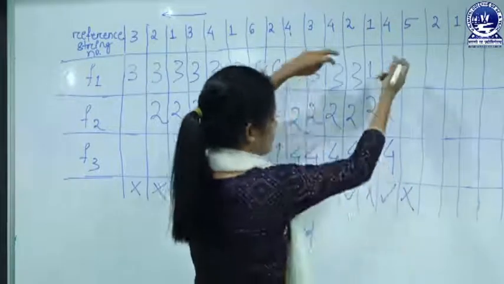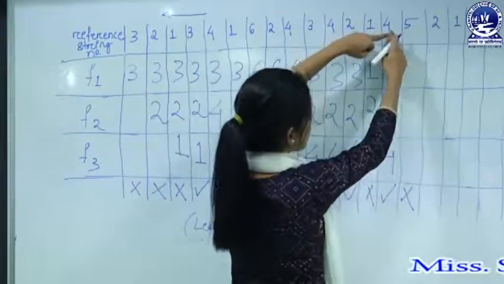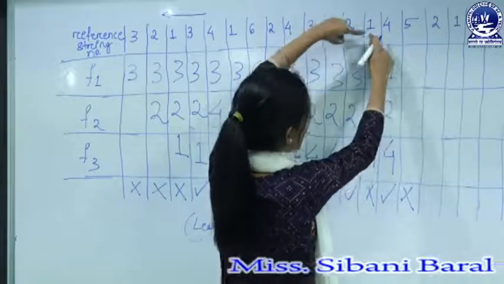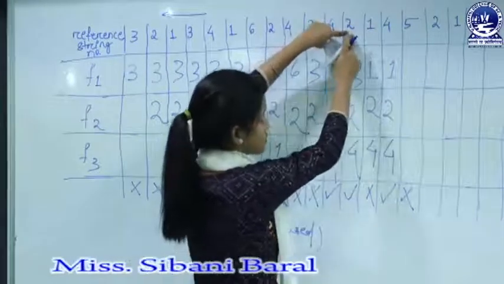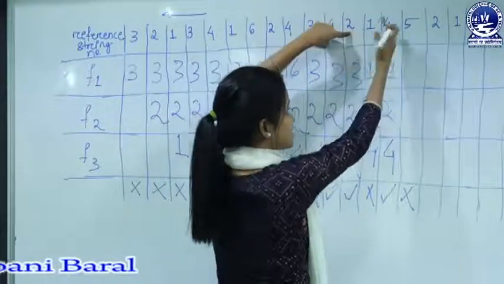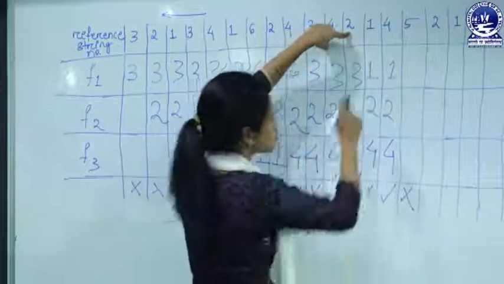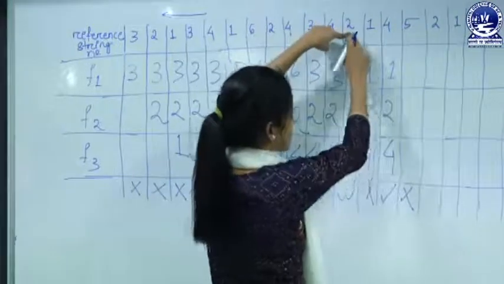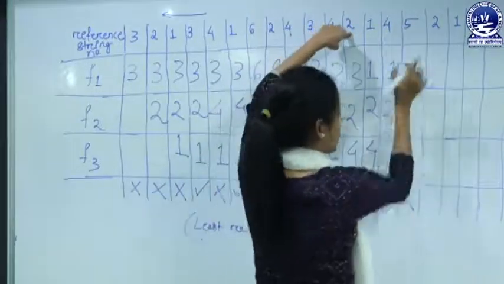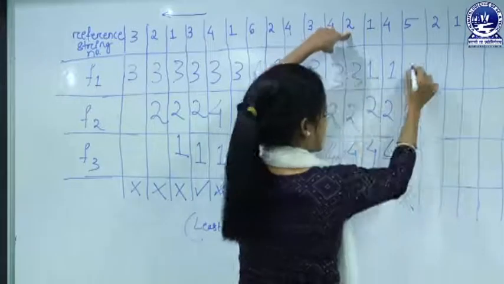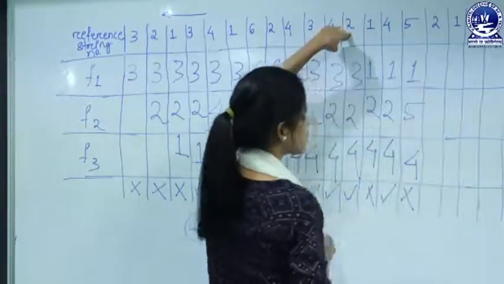Fine. So from 5, 4 is recently used and 1 is recently used. 2 is least recently used. It resides in the leftmost corner, going from right to left. So at the place of 2 we replace 5, giving 5, 1, 4.